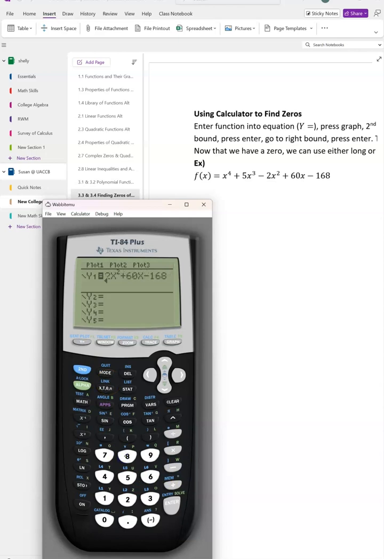Okay. So I'll just read it to you, how about that? So we put this in here, and then we're going to put second trace. And then we want to hit graph, so we can see our graph. You can see where it crosses.